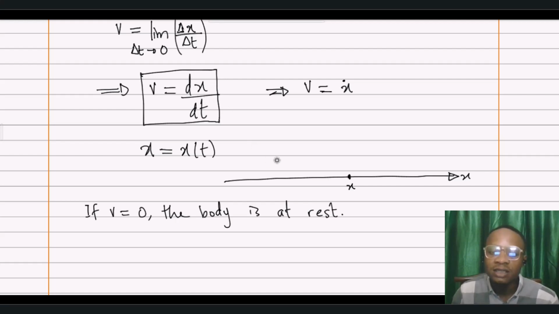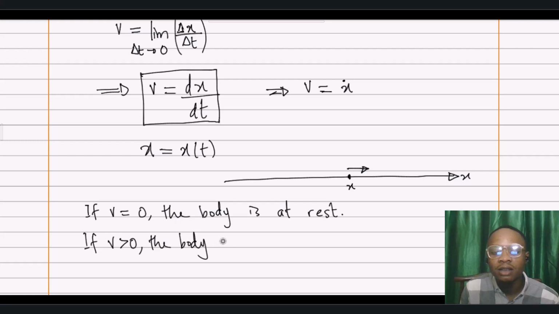If the position coordinate is increasing, it means that at that instant, the body is moving in the positive x direction, because it has to be going towards the positive side for the coordinate to be increasing. So if v is greater than 0, the body is moving in the positive coordinate direction.